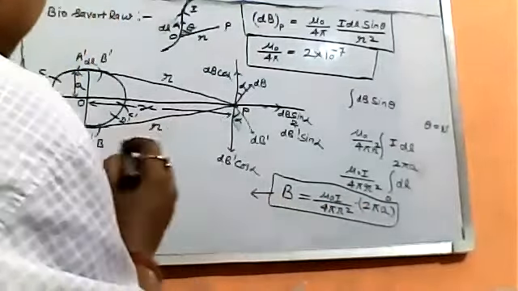Here sin alpha is also a multiplication present here, because we have to integrate dB sin alpha, not only dB. So sin alpha is a by r.